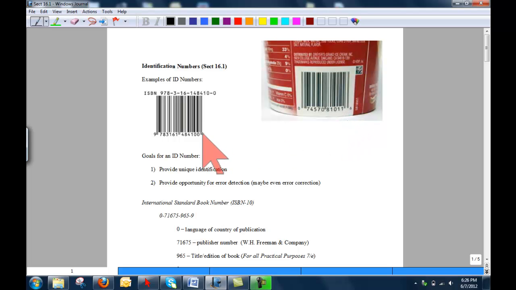Or if you look on the back of your textbook or in your textbook somewhere, there will be an ISBN number, an International Standard Book Number. And those are used for similar purposes to help identify a particular book so that a computer laser scanner can read them, and this helps with keeping inventory and tasks like this.